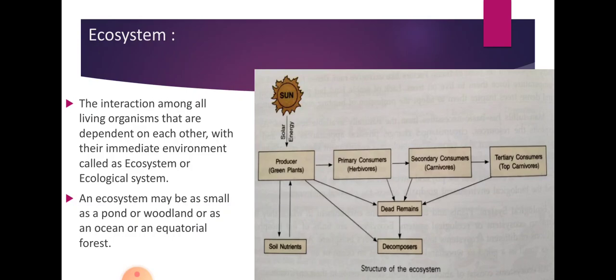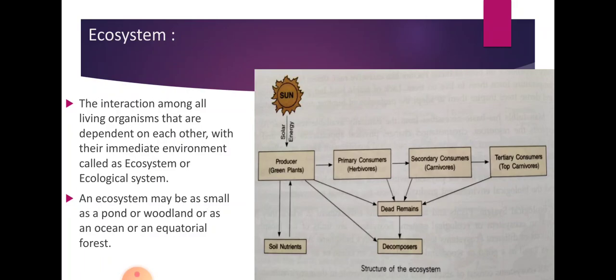Now you can see one flow chart, where you can see that the producer is a plant. So how do they interact with nature? The plant gets energy from the sun. Okay, so the plant is produced, the leaves are there. So who eats those leaves or the plant?